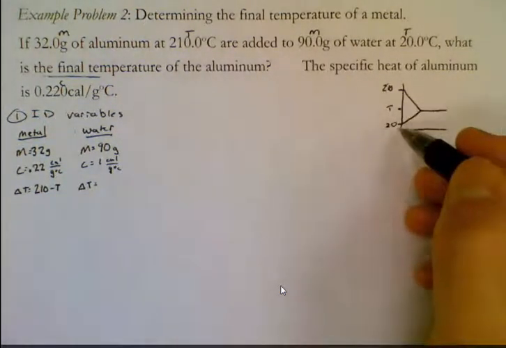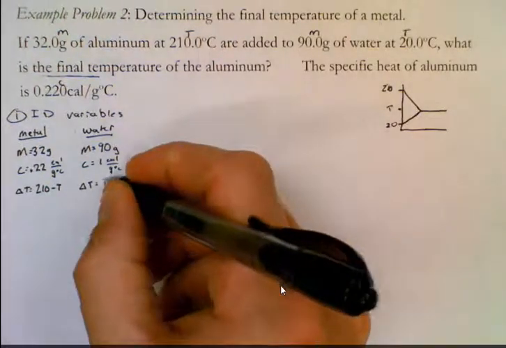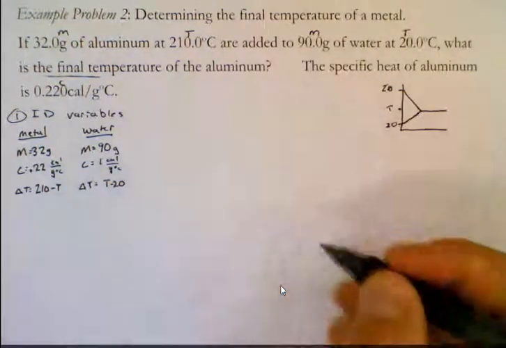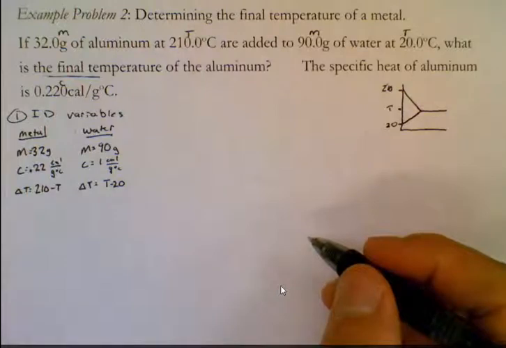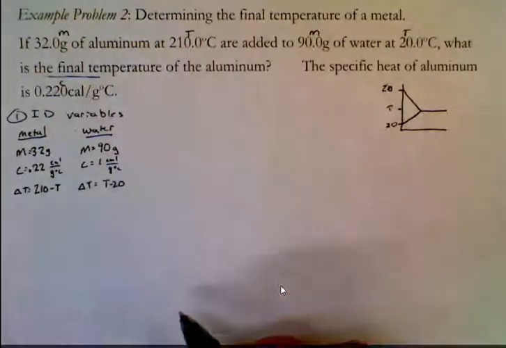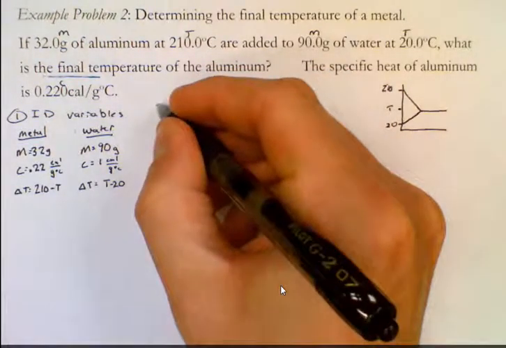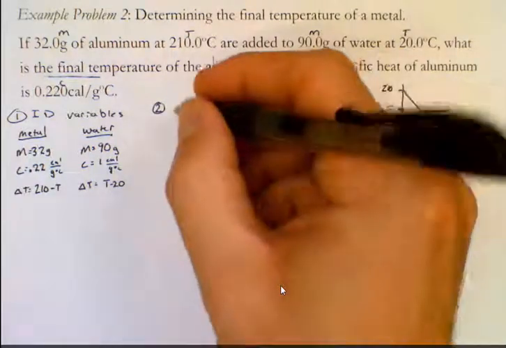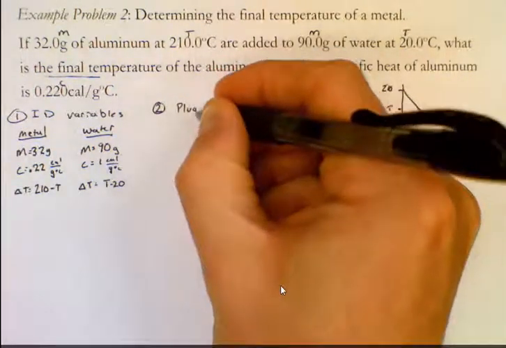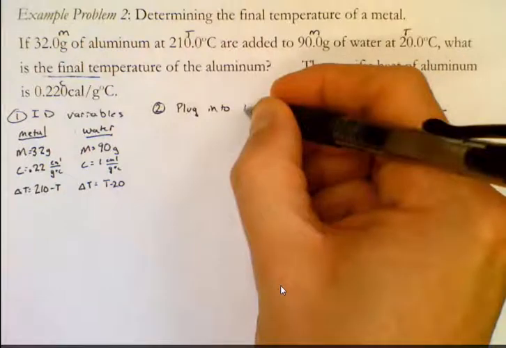Since T is bigger than 20, we're going to do T minus 20 to make our delta T positive. Once we have all of our variables set, we can plug into the equation.